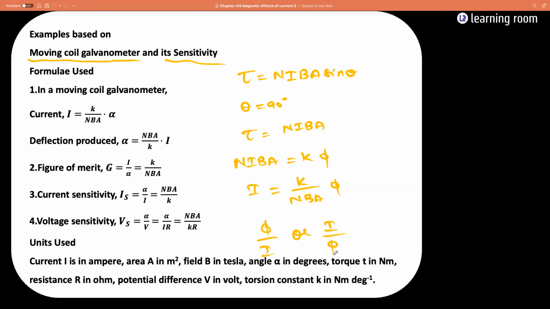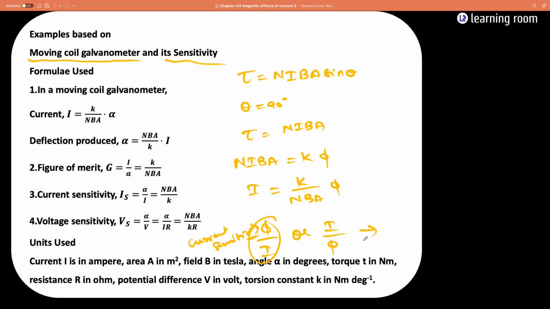By rearranging the equation, I can form it. So what is this phi by I called? The number of divisions per unit ampere. It's called current sensitivity. So when they ask you the current sensitivity, you need to calculate phi by I.